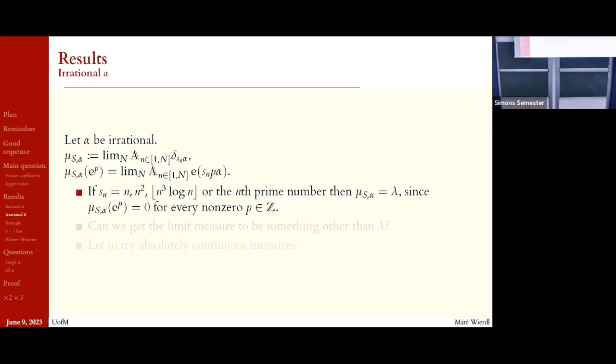Okay, so this is what we always have, and the limits are nice. We like that. But can we get the limit measure to be something other than lambda? Immediately, that's a question, because it's just always lambda for the well-known sequences. Let us try absolutely continuous measures.